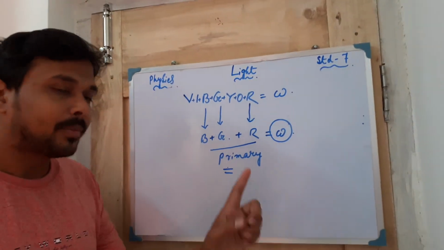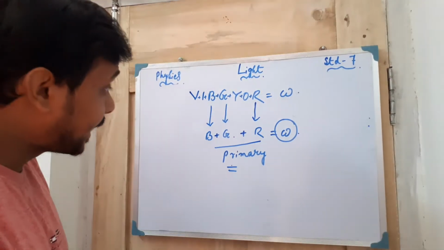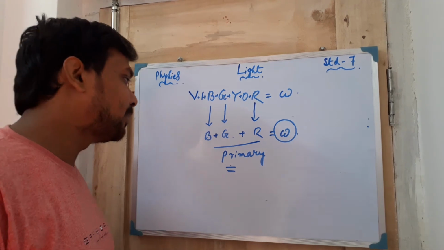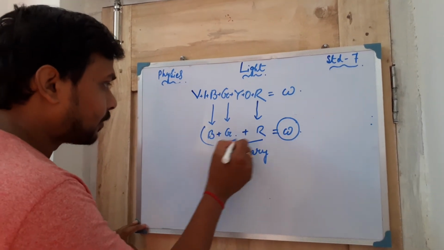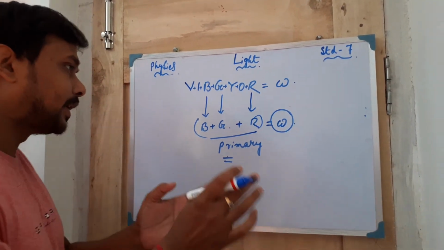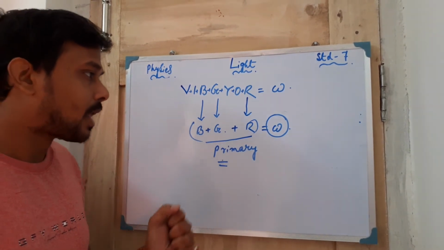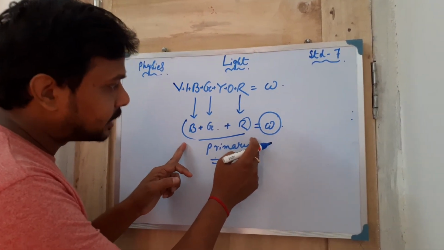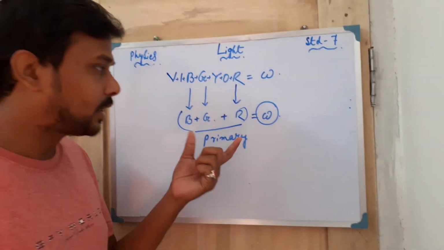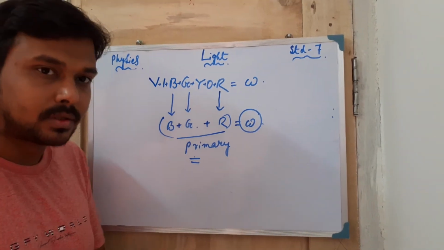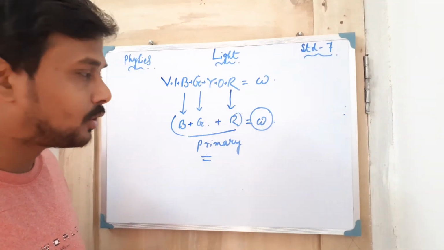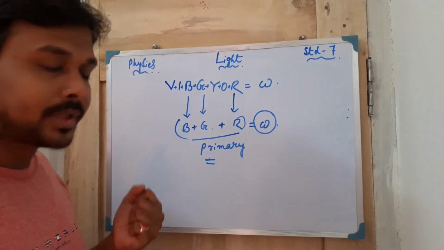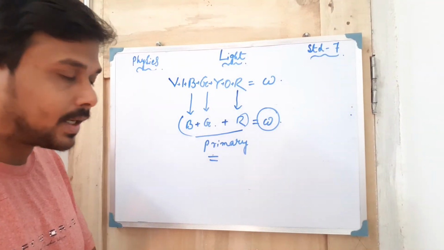Okay, now from here you are able to get the secondary color also. Secondary color means what? I will tell you that in the color subtraction part. So this particular thing is known as color addition. When two or more colors, or three or more colors, are added together, what you get is called the color addition part.